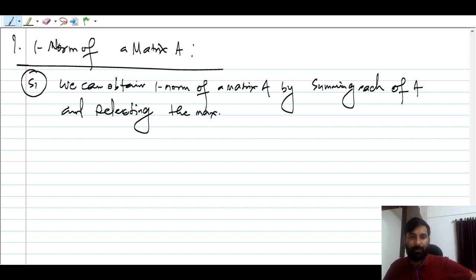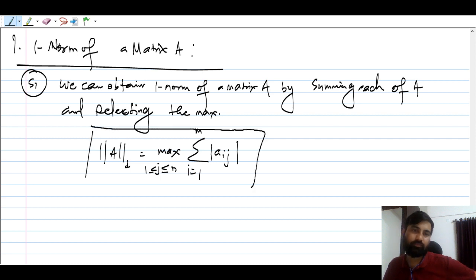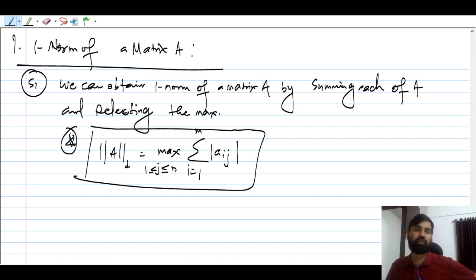So by definition, mathematically we can write it like this: the one norm is the sum over i from 1 to m of the absolute value of a_ij, maximized over j, where j is greater than or equal to 1 and less than or equal to n. This is the definition that you have to remember.